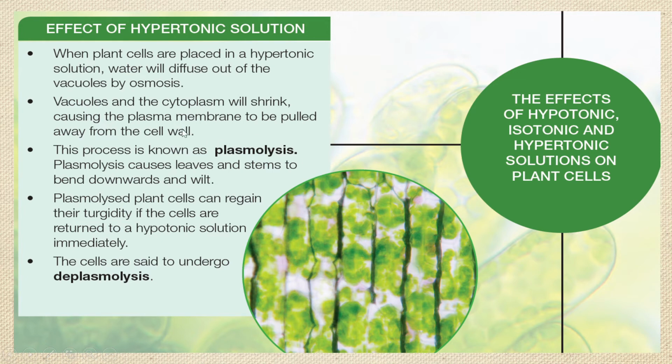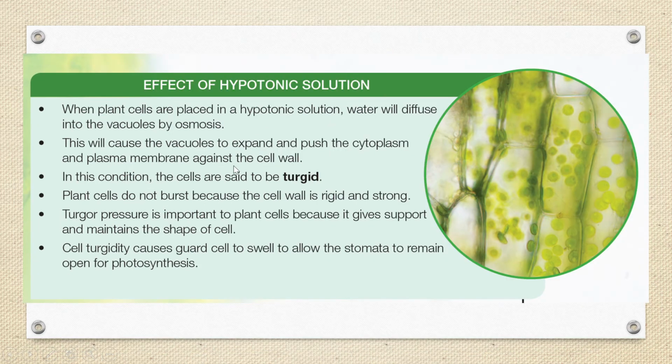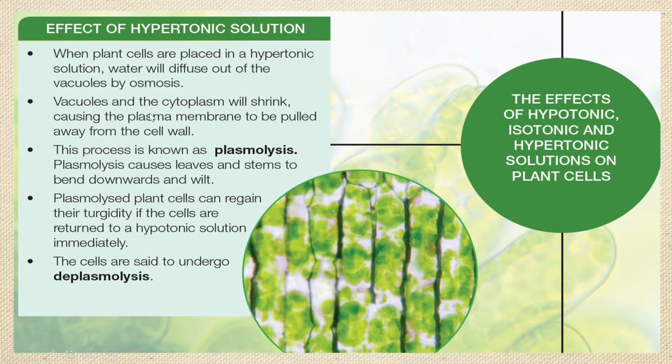Then what happened to the plasma membrane? In this case, the plasma membrane will pull away from the cell wall. It's going to retract further away from the cell wall, but not fully.